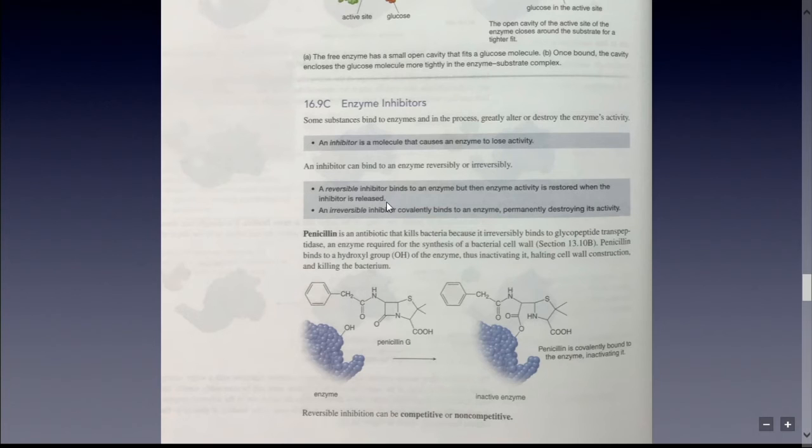So if the inhibitor doesn't stay there forever, and can be taken away, and the enzyme can go back to doing its job, then that's a reversible inhibitor. But an irreversible inhibitor is one that covalently binds to an enzyme, and that's permanently going to destroy its activity because it's permanently going to be there. It's going to be a permanent covalent bond.